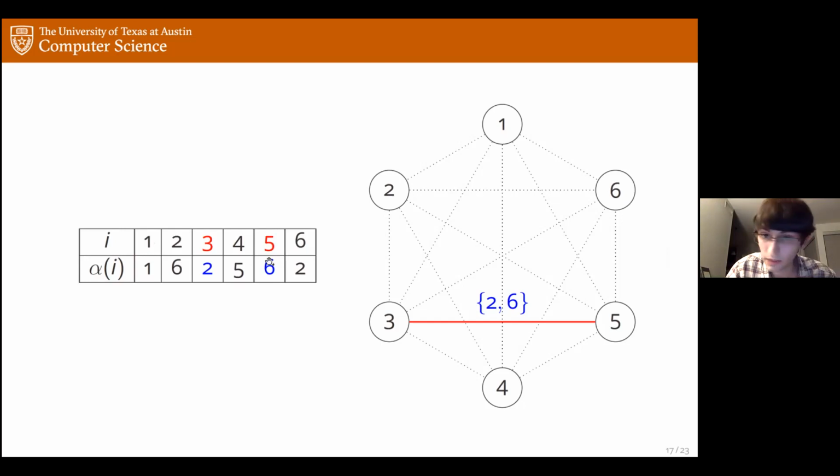If we have a permutation on 6 things, this induces a permutation on the edges of this graph. For instance, if 3 maps to 2 and 5 maps to 6, then this edge between 3 and 5 maps to this pair 2, 6. And this is essentially the only thing that is needed in the reduction.